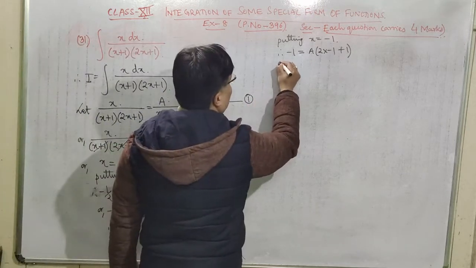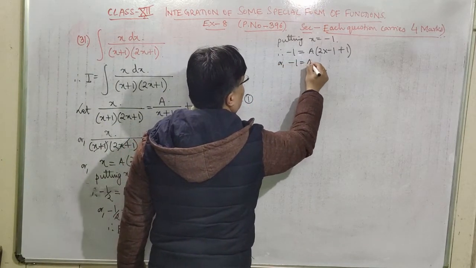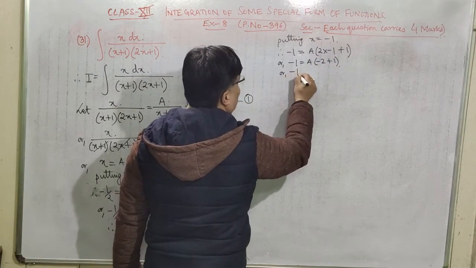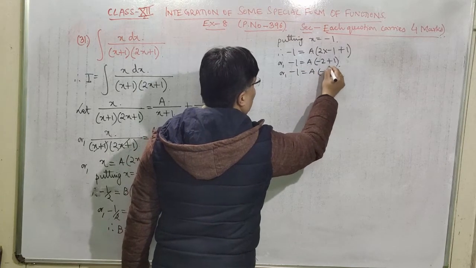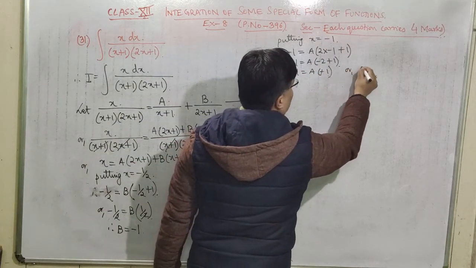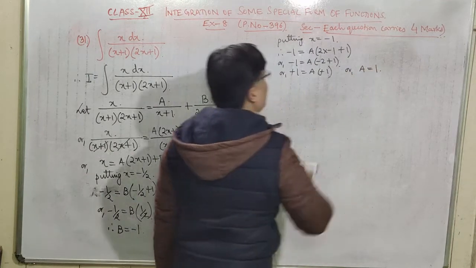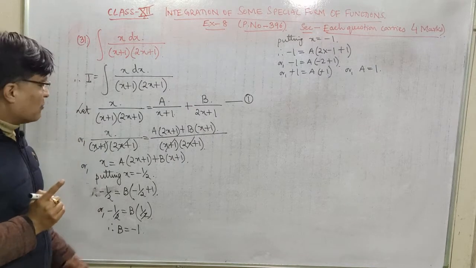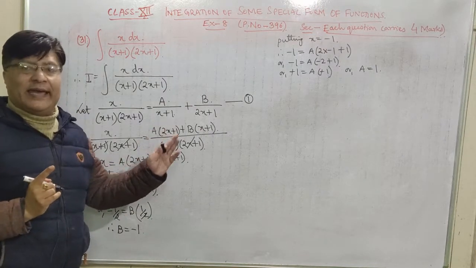So minus 1 is equal to a into minus 2 plus 1, or minus 1 is equal to a into minus 1. From both sides, you can cancel the minus sign. So what is the value of capital A? Capital A is equal to 1. Is that clear? Now we have got both the values of a and b.